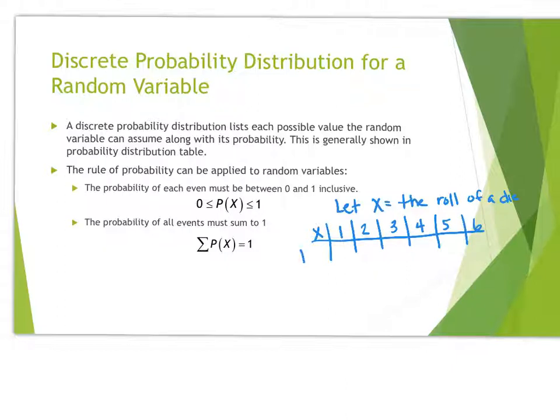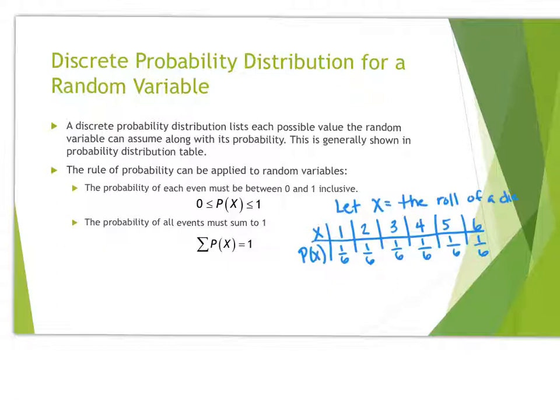Then we associate a probability with those outcomes. We call it P of x, the probability of x. The probability of rolling a 1 is 1/6. A 2, 1/6. A 3, 1/6. 4, 1/6. 5, 1/6. And 6, 1/6. So those are all the possible outcomes and every probability associated with each outcome.